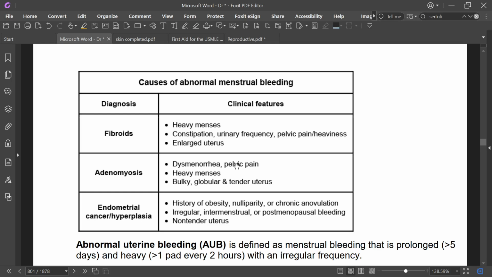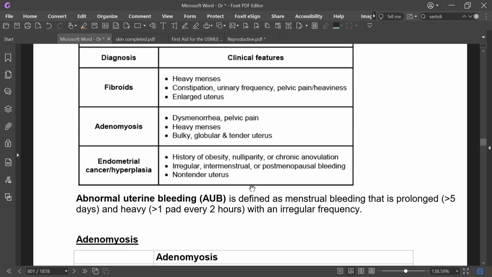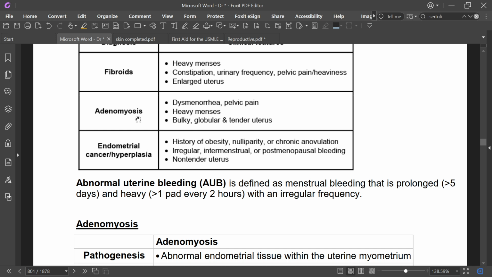Heavy menstrual bleeding is prolonged more than 5 days and heavy, more than 1 pad every 2 hours, with irregular frequency. With fibroid, heavy bleeding comes with constipation, urinary urgency, pelvic pain, and an enlarged uterus.